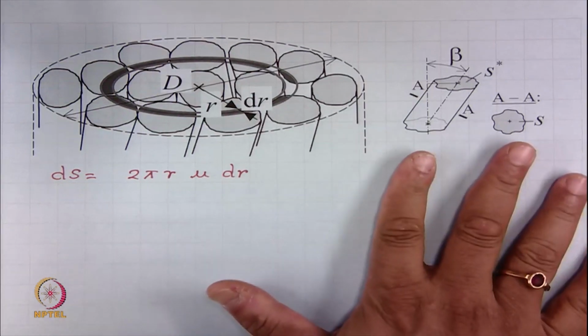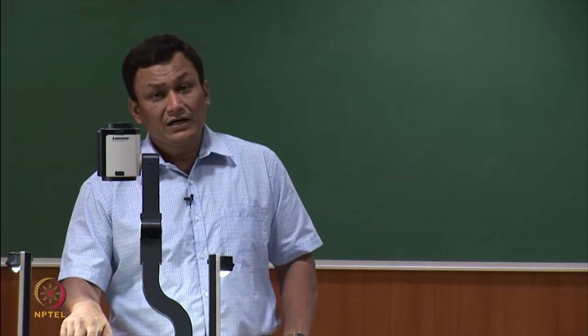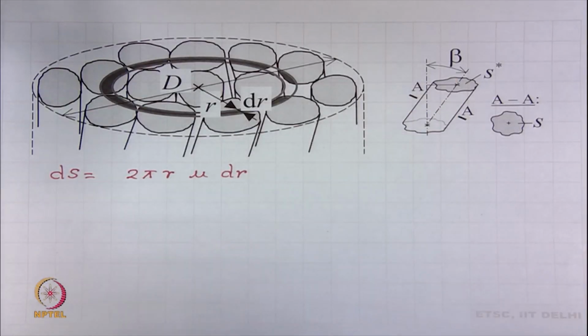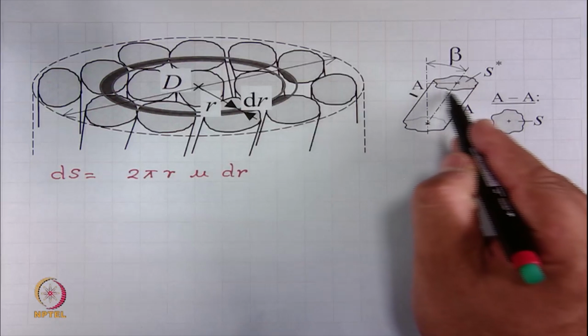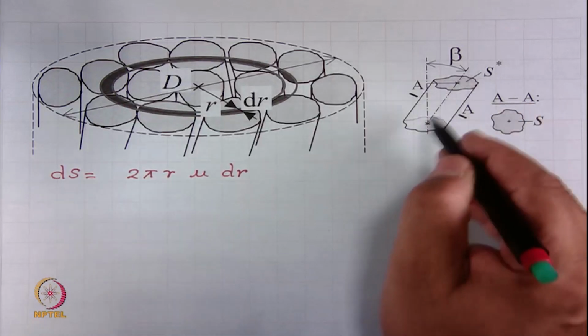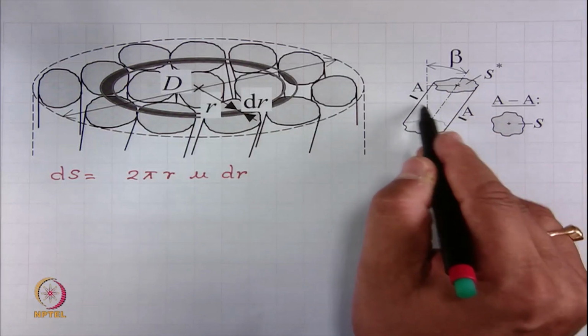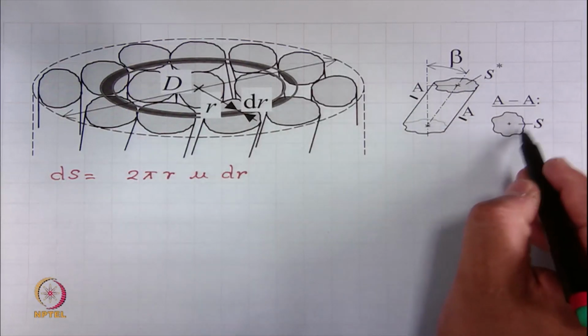This image is basically the image of a fiber, an inclined fiber. Because of the twist, the fiber is not straight, it is not parallel to the yarn axis, it is inclined at an angle. This angle is beta. So, this area is the sectional area S star, and if we go along this axis at the cross section, we will find the cross sectional area.